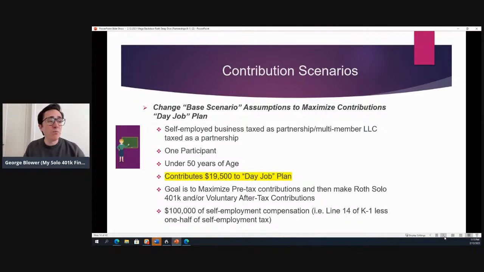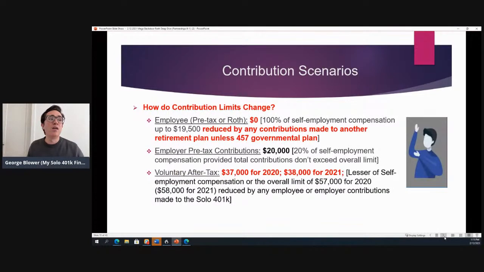Now let's go back to the base, but change it to a scenario where the person makes $19,500 to their day job plan. Here, they're not going to be able to make any employee contributions because they already used up that bucket. So they could still do the $20,000, so 20% of the $100,000 of self-employment compensation, as a pre-tax contribution, since their first initial goal is to maximize the tax reduction and make a pre-tax contribution.